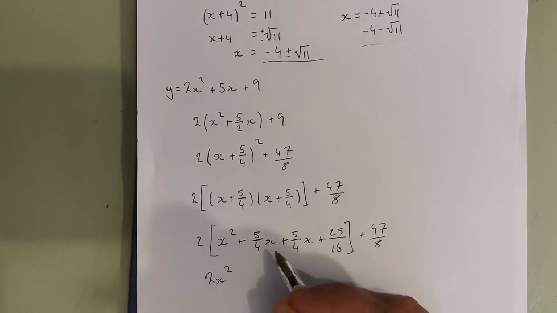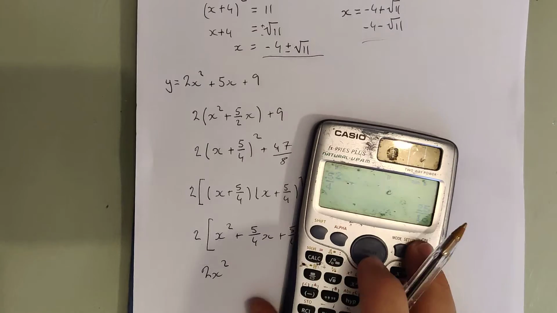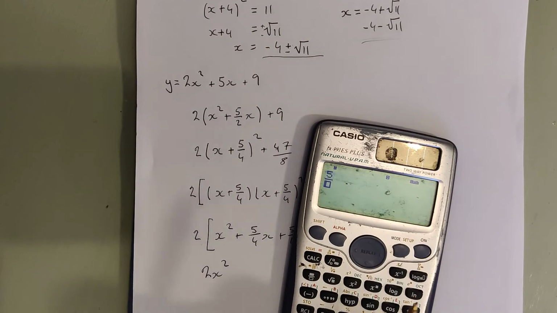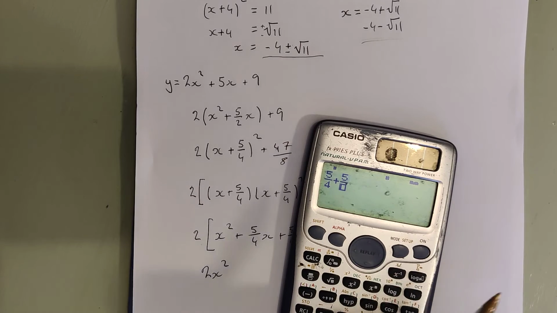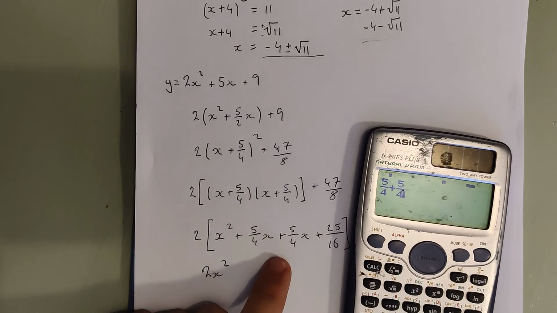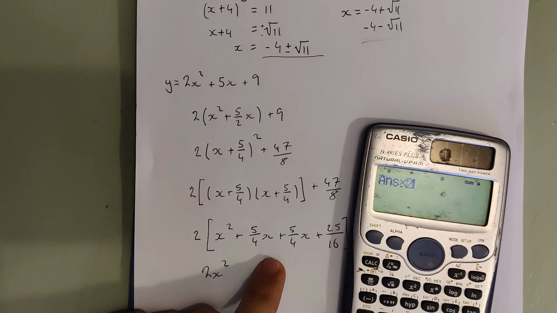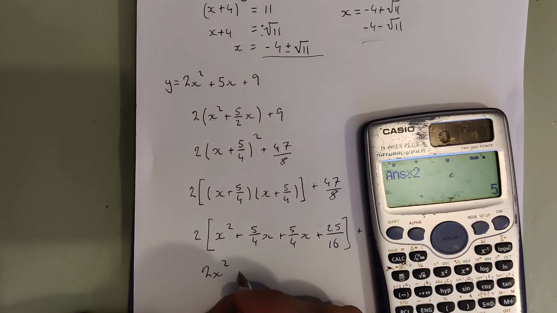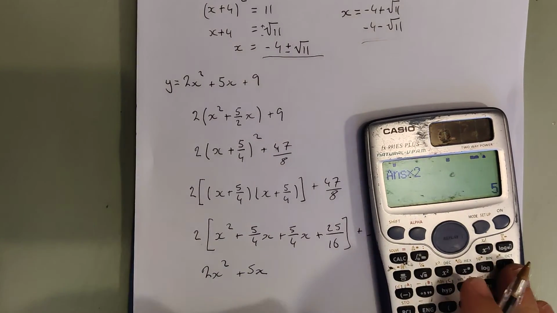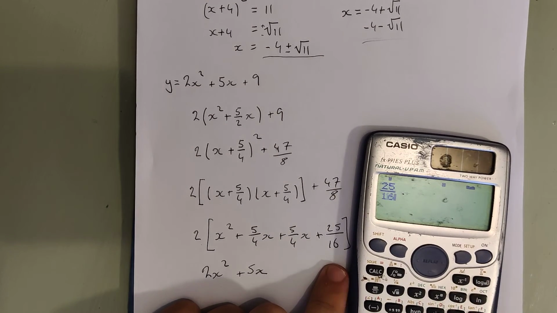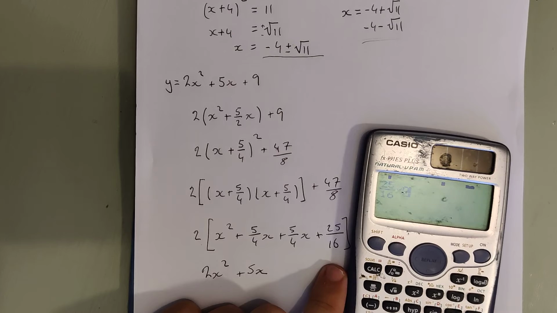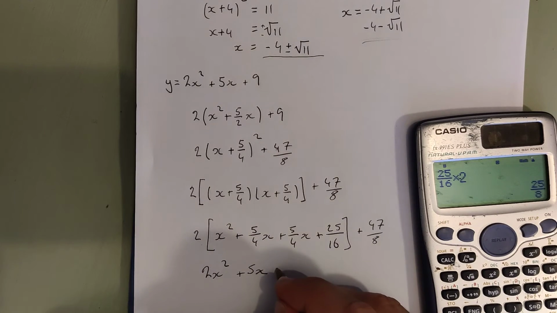2x squared. I'll do this all in the calculator just not to slip up, plus 5 over 4. So that's just simplifying within the brackets, and then we times by 2, and that gives us our 5x. And then we have 25 over 16 multiplied by 2 equals 25 over 8.